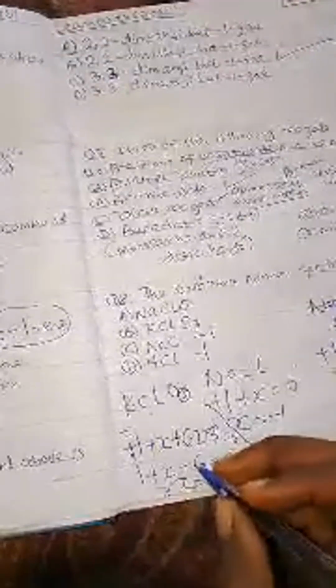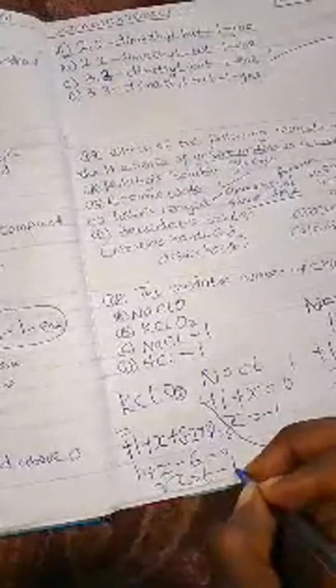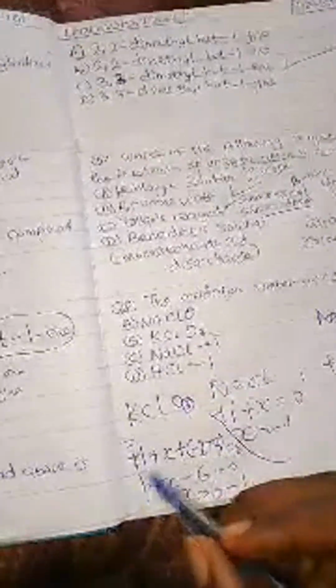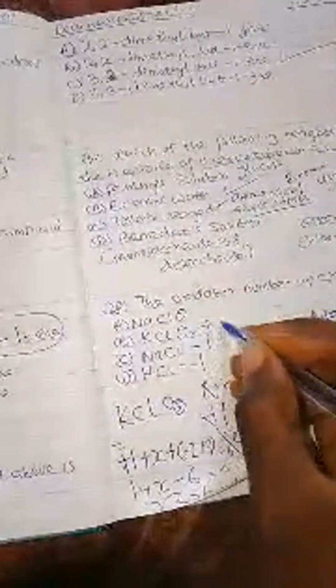So x equals 6 minus 1. If you take -6 to the right hand side, it turns to 6. And if you take 1 to the right hand side, it turns to -1. So x equals +5.